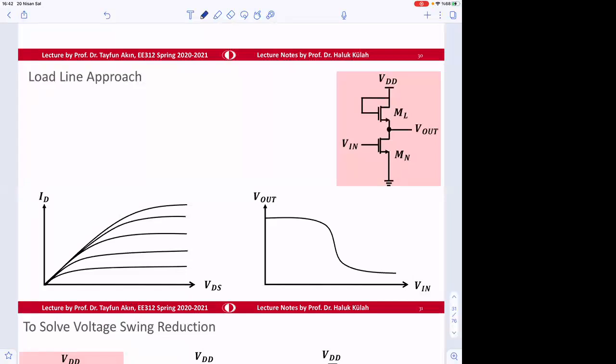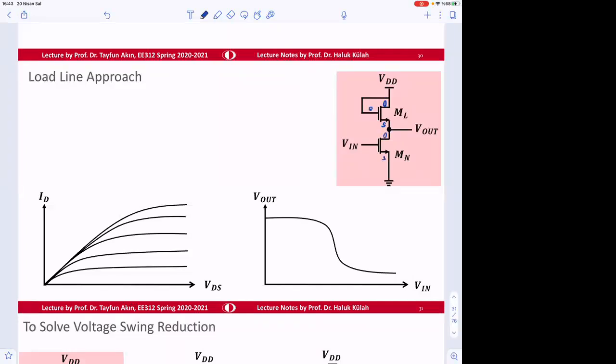Now the load line, we can find the transfer function using load line analysis again. Let me draw it first here. So this is, as you know, drain, source, and gate.